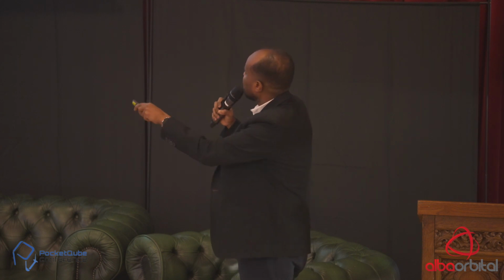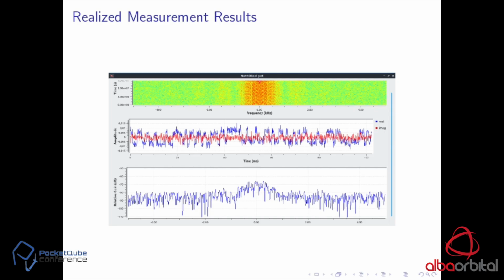The distance between the illuminator, this part, and the tag is about 22 meters. And the receiver here, also the distance is 22 meters. The transmit power here, we use minus 43 dBm. This means it's about 9 watts.